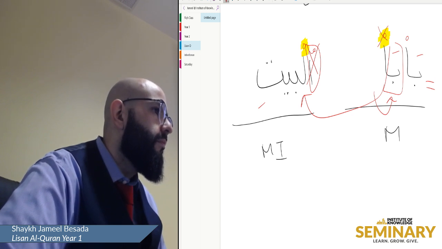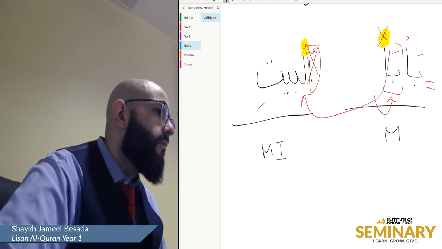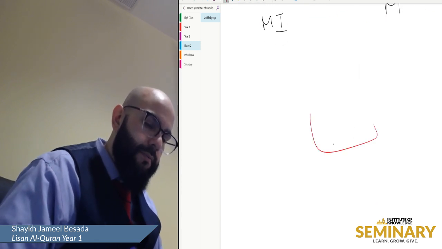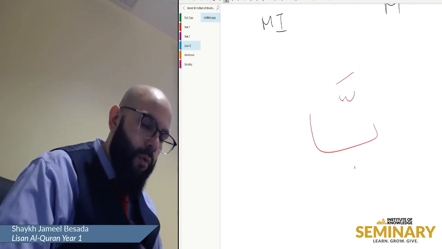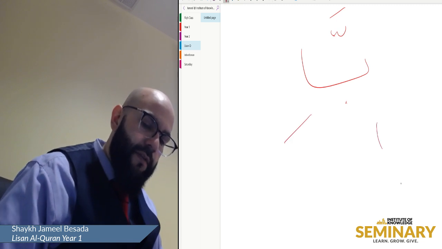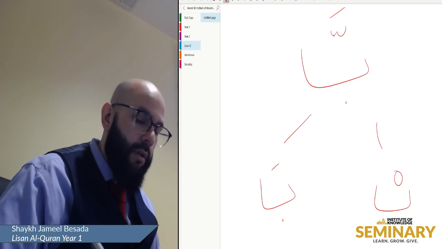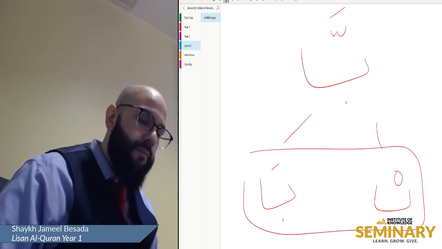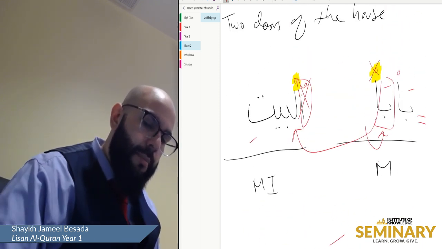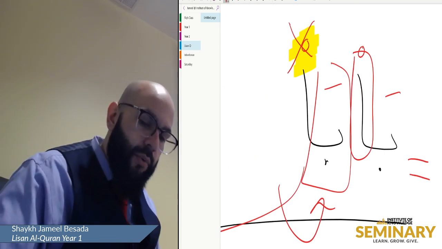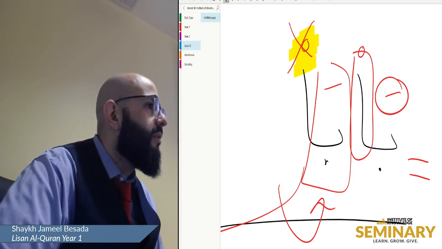For example, if we wrote Allah, the letter with shadda is double, which means the first letter has sukoon and the second letter has a vowel, back to back. These two letters are not back to back. They have an alif in the middle, and the first one doesn't have sukoon. It has a fatha on it.